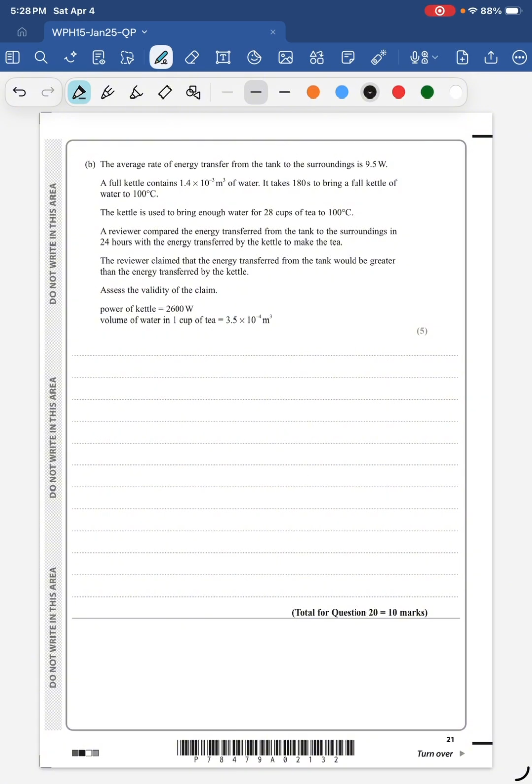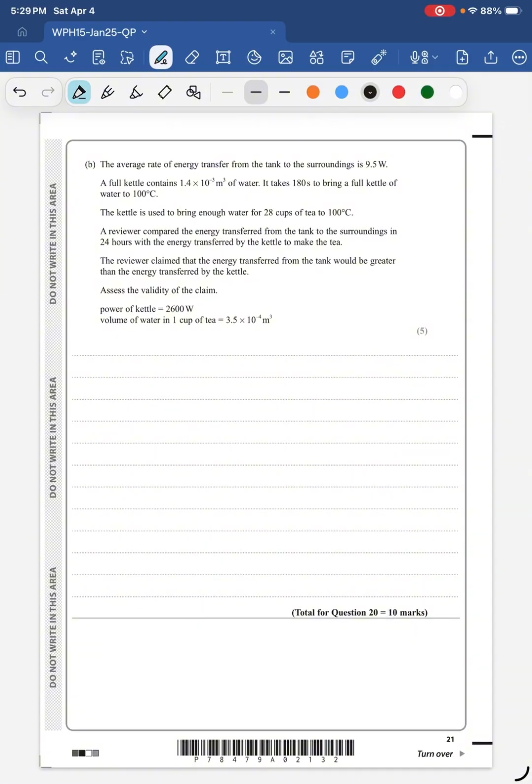A reviewer compared the energy transfer from the tank to the surroundings in 24 hours with the energy transferred by the kettle to make the tea. The reviewer claimed that the energy transfer from the tank would be greater than the energy transferred by the kettle. Assess the validity of the claim. And the power of the kettle is 2,600 watts. The volume of water in 1 cup of tea is 3.5 times 10 to the negative 4 cubic meters. Okay, this is a lot. I mean, it's information.